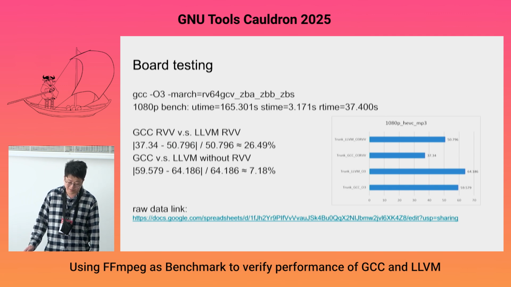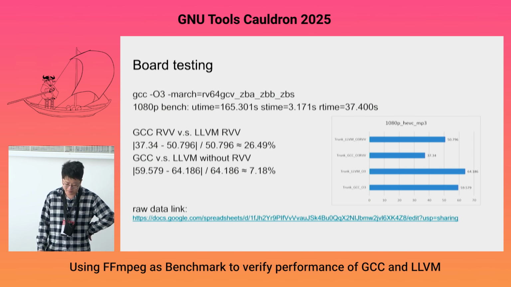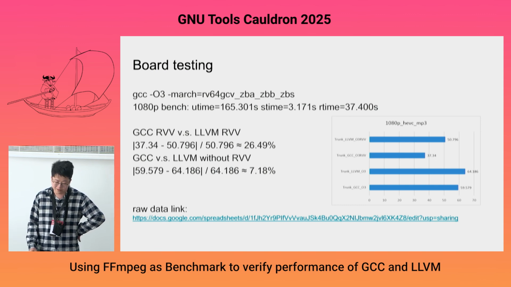And even without RVV, GCC is better, and it gets a 7% advantage.